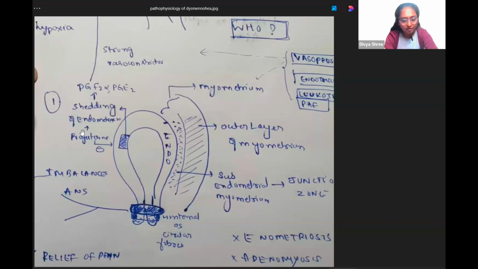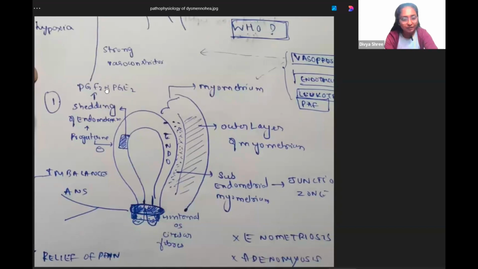As progesterone withdrawal occurs, along with the shedding of the endometrium there is release of prostaglandins. These prostaglandins are made from arachidonic acid, which is a component of the cell membrane. When these cells are destroyed, arachidonic acid is released, leading to production of prostaglandin F2 and prostaglandin E2.